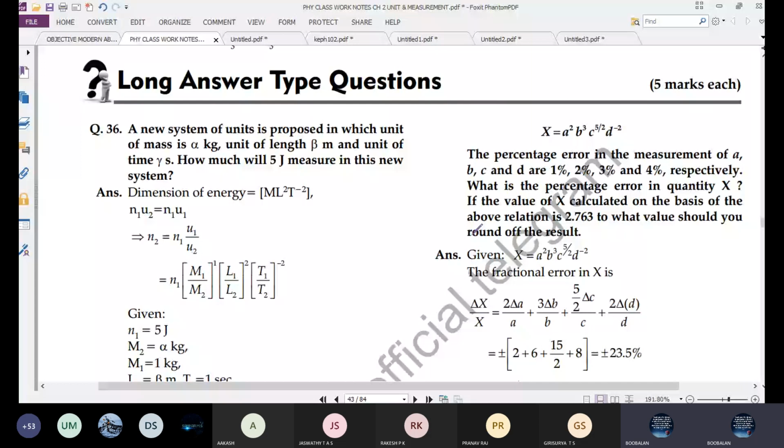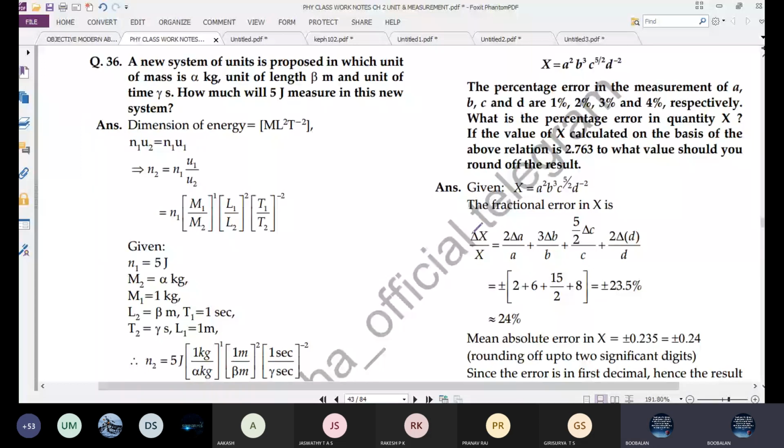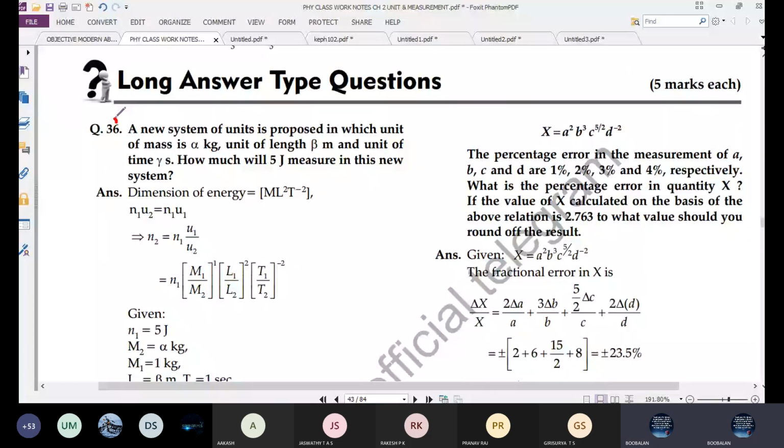This is one more problem. A new system of units is proposed in which the unit of mass is alpha kg, unit of length beta m, and unit of time gamma second. How much will 5 joule measure in the new system?